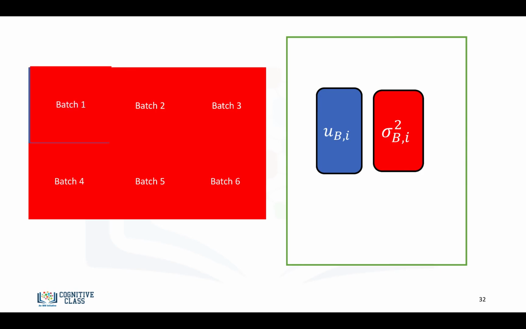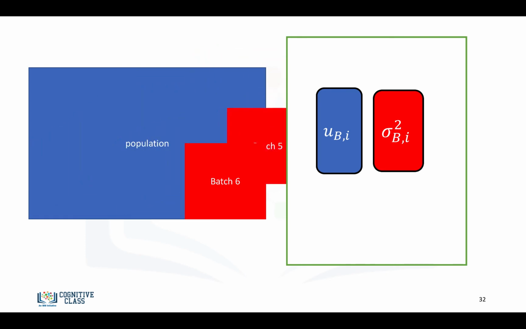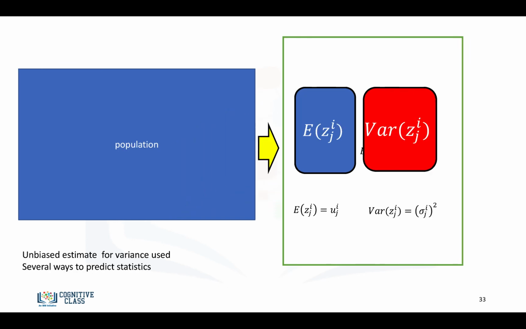For the training, we'll calculate the mean and standard deviation for each batch as follows. But for prediction, we use the population mean and population standard deviation. There are several ways to do this, but this is the simplest way. You can see the PyTorch documentation for other ways to calculate it.